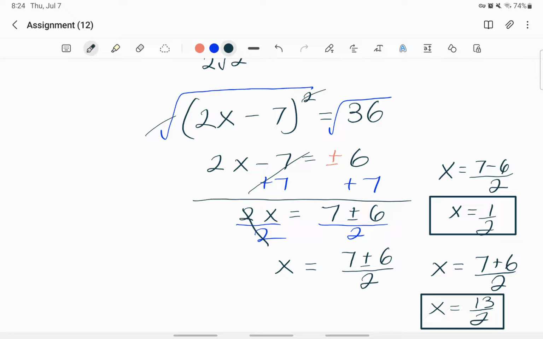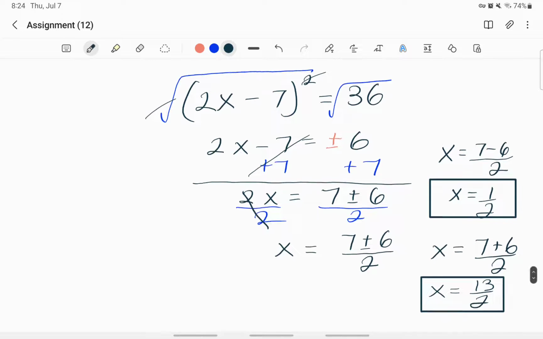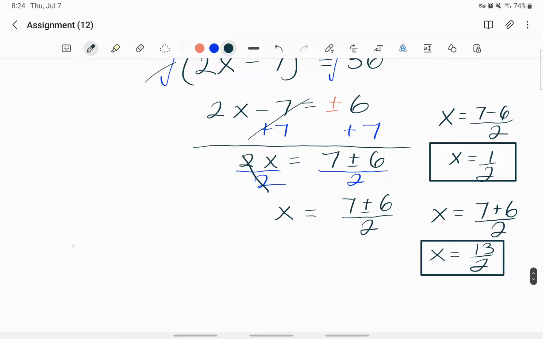But wait, there's more. Let's try one more. Well, 2 more. x squared equals negative 64, and we want to find the solutions for x. So we're going to apply the square root to both sides. The square root of x squared is just x.